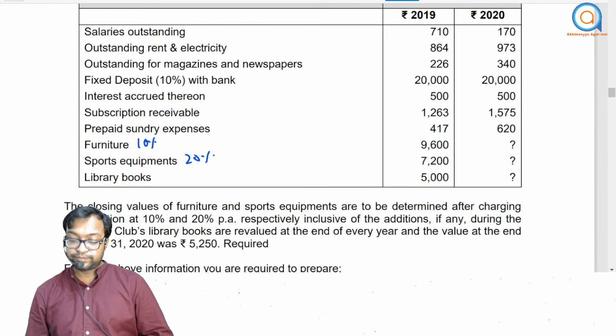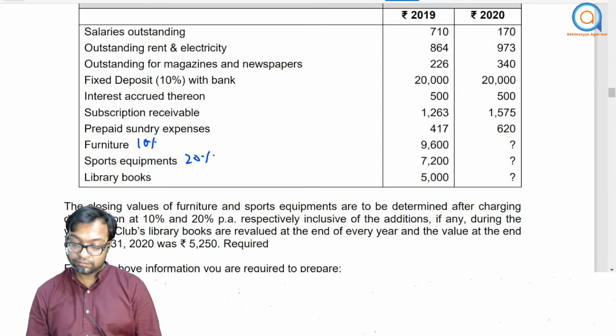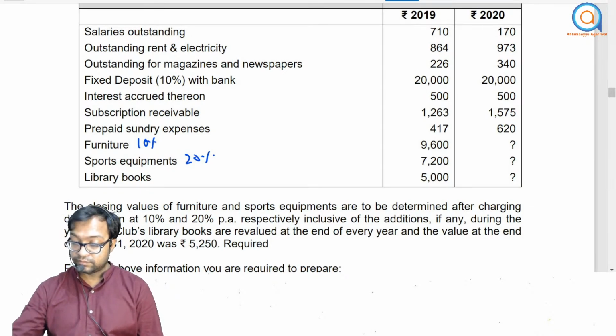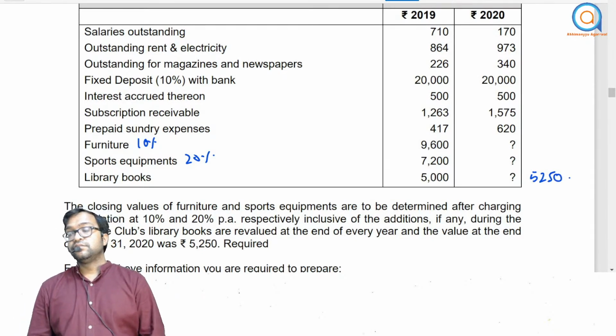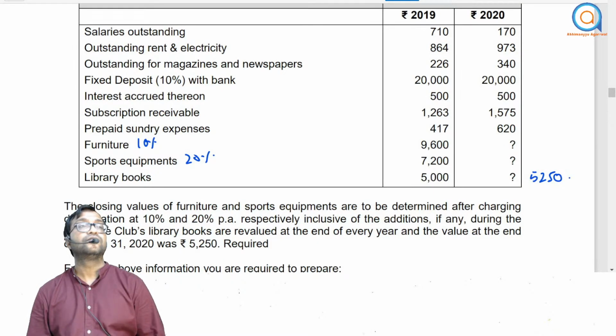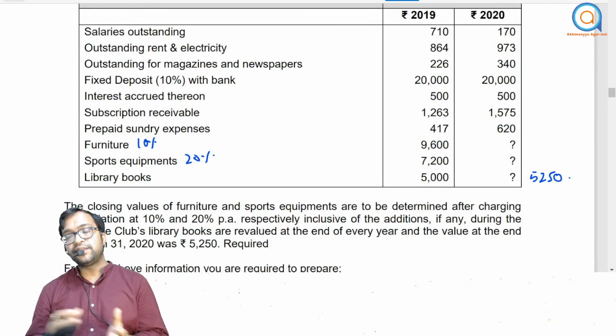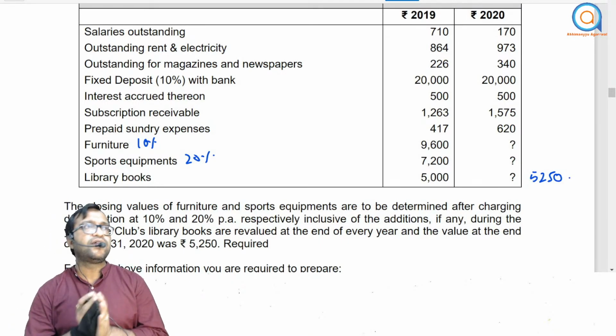Please read. Once you have done the reading, please tell me in chat box ki yes sir, we have done the reading.